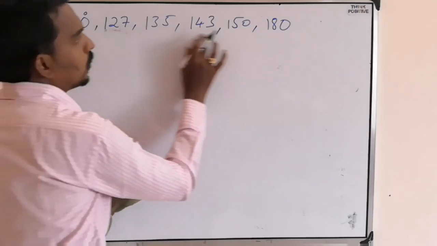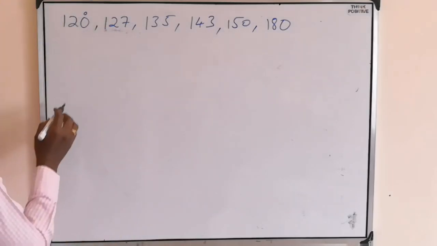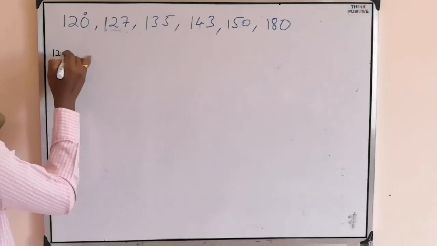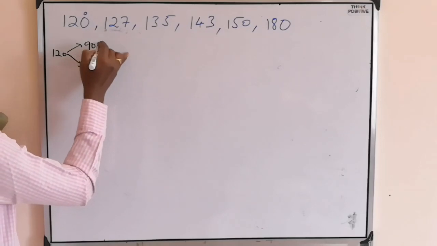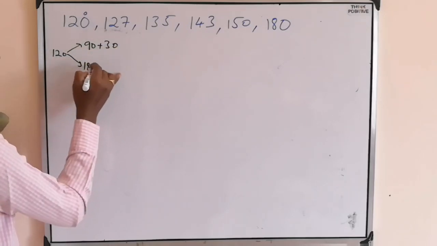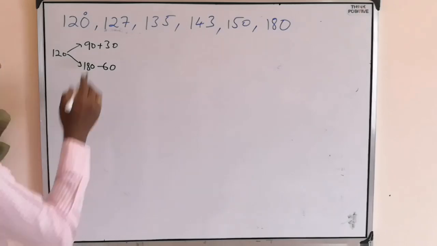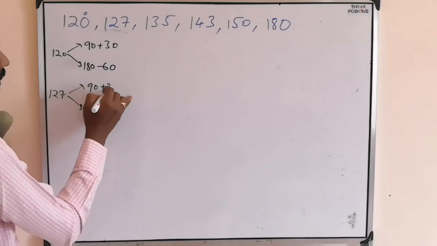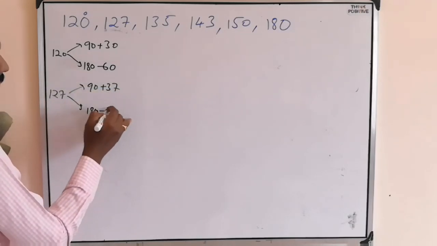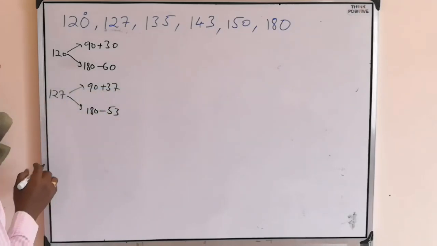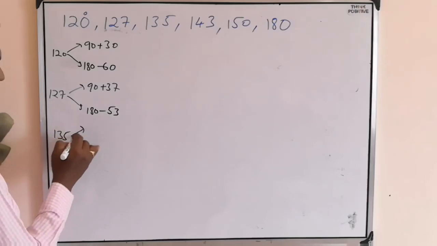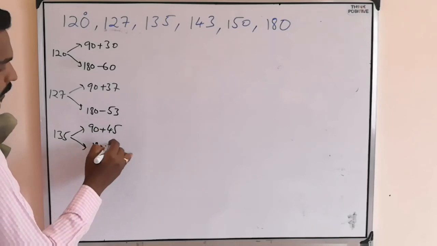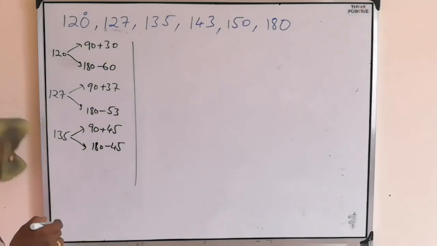But when you look at this, immediately you should understand one thing: 120 you can write as 90 plus 30 or 180 minus 60. Then 127 is 90 plus 37 or 180 minus 53, and 135 can be 90 plus 45 or 180 minus 45.